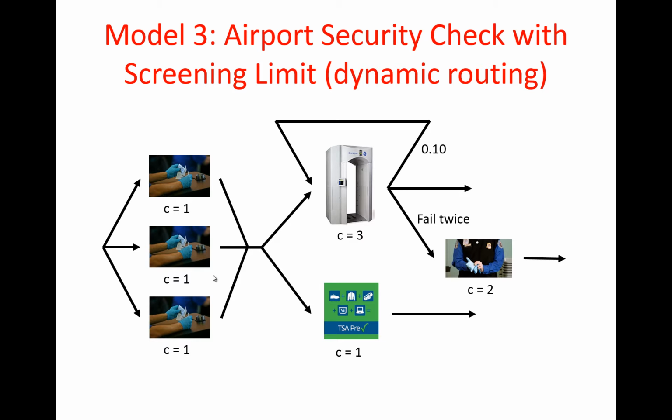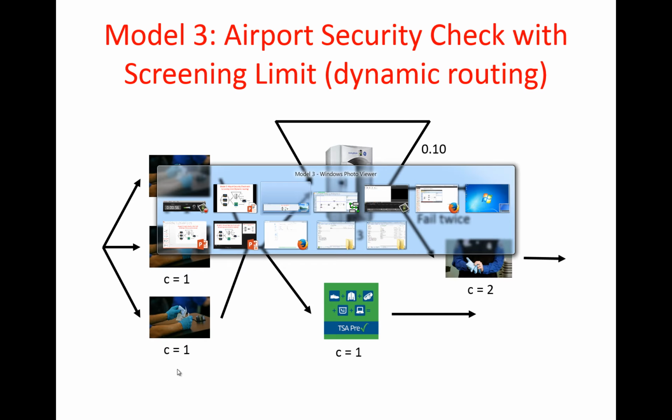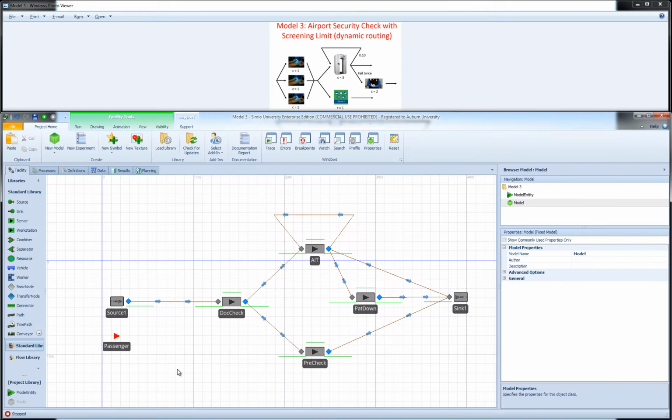So now, instead of having one server with 3 units of capacity, we're going to consider 3 separate server objects for the document check station. So each of these servers will have its own queue, and what we would like to do here is dynamically choose which server the entity wants to go to. So let's go to Simio and see how we can implement this.